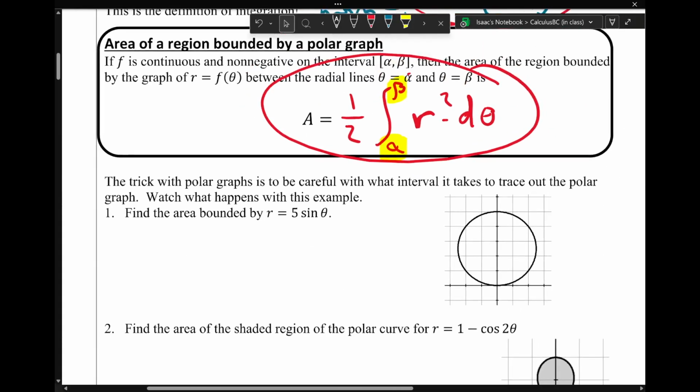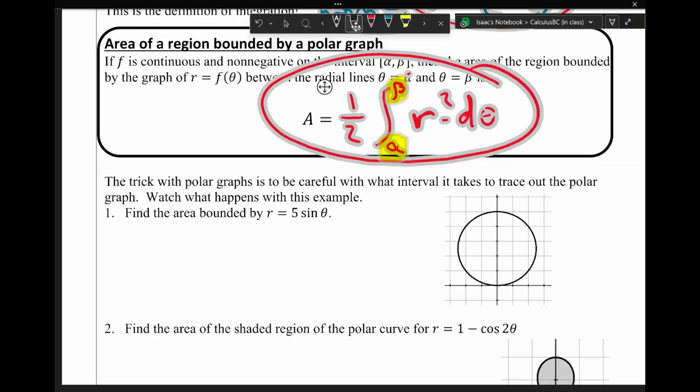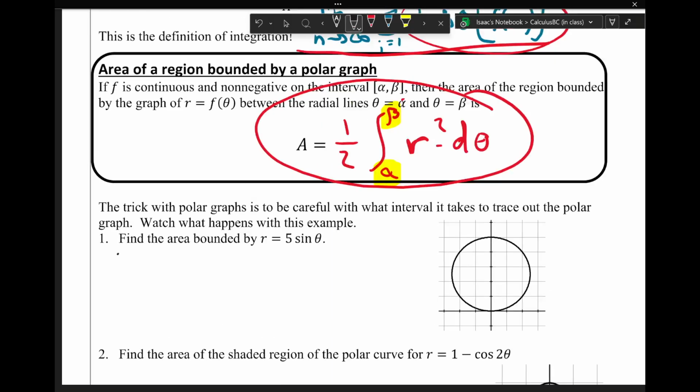But, okay, so find the area bounded by r equals 5 sine theta. Okay, well, I know that I could do this formula up here. Area will be 1/2 integrating from something to something, r squared d theta.